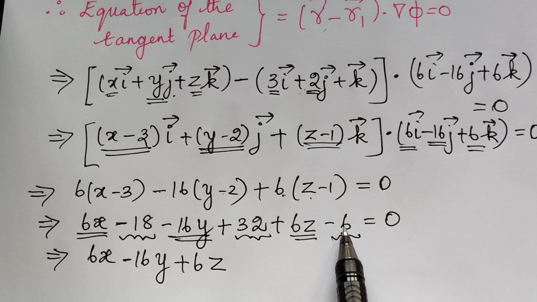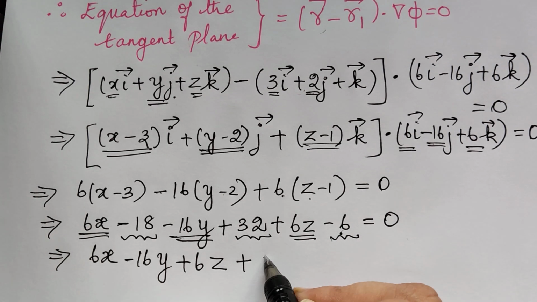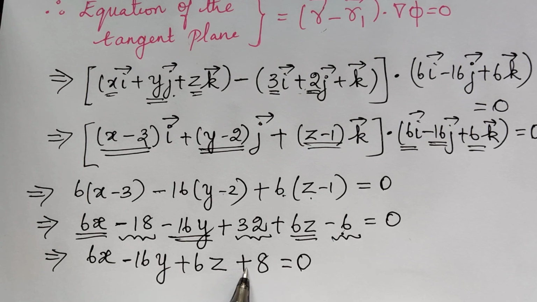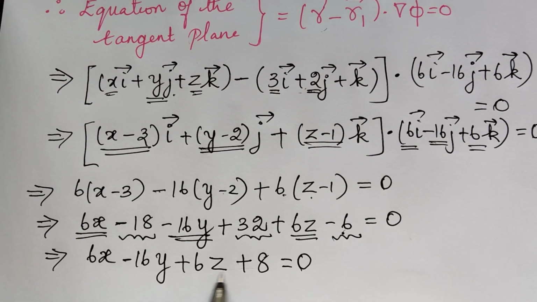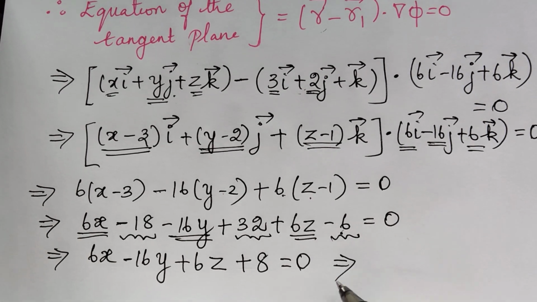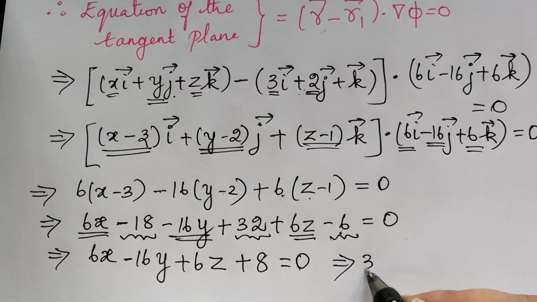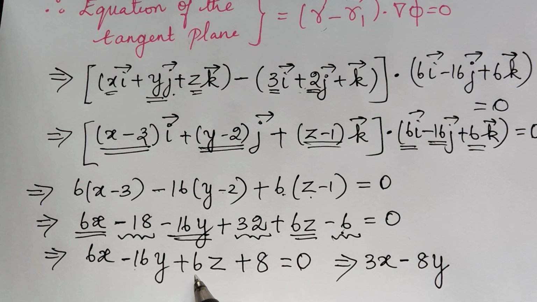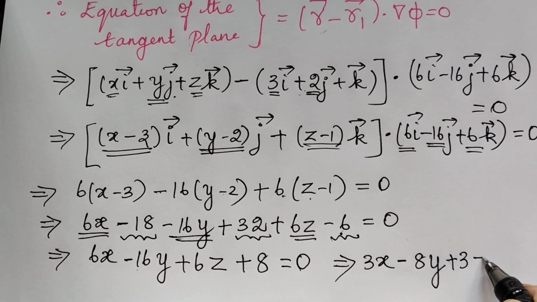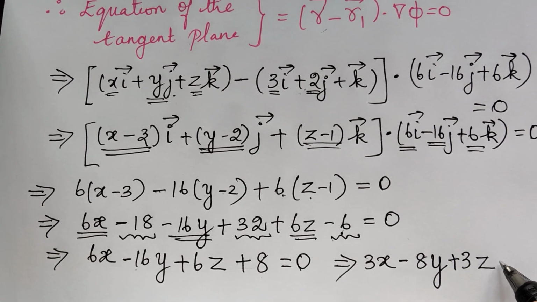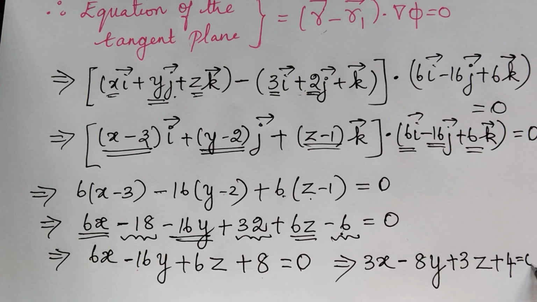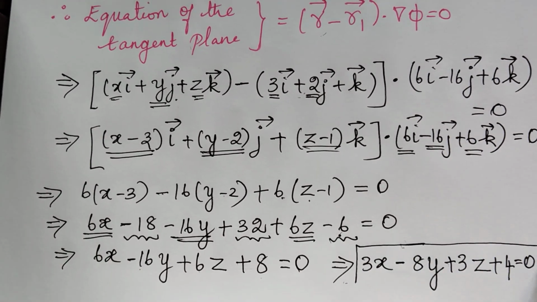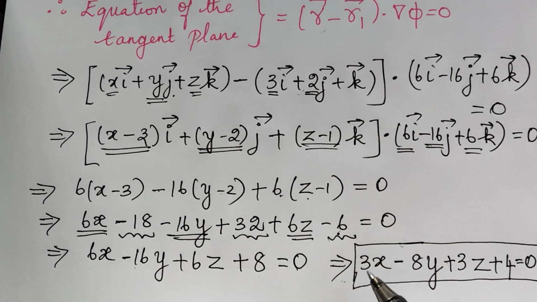So 32 minus 24 will give us 8. So plus 8 is equal to 0. Now if you see in all these terms, we can divide this by 2. So when we divide this equation by 2, we get 3x, and here minus 8y, and here 3 again, so plus 3z, and then plus 4 equals 0. So this gives us the equation of the tangent plane for the given surface.